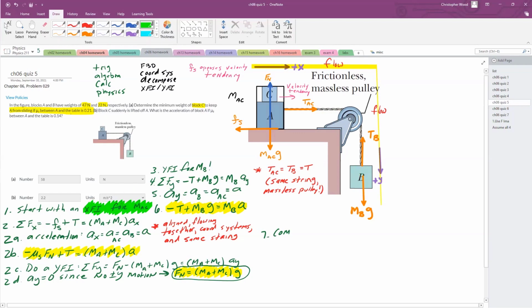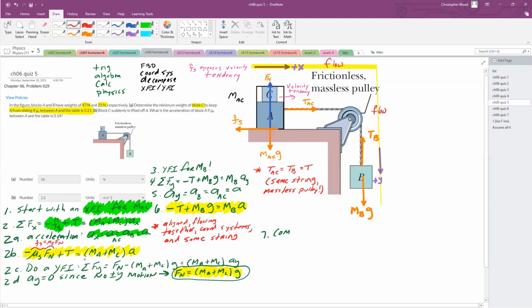Let me just trace through this. I've got friction going to the left, tension going to the right. That's it for the two forces. Mass times acceleration. There's my acceleration statement. And here's my replacement for static friction. Static friction is defined as F sub S equals mu sub S times F sub N plus T.